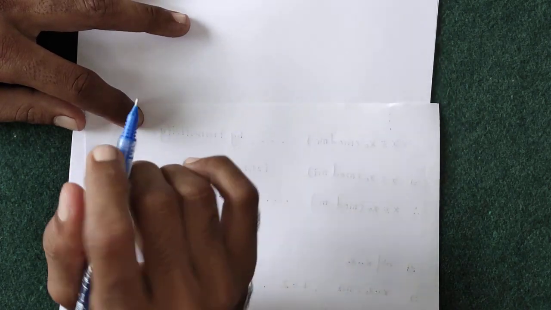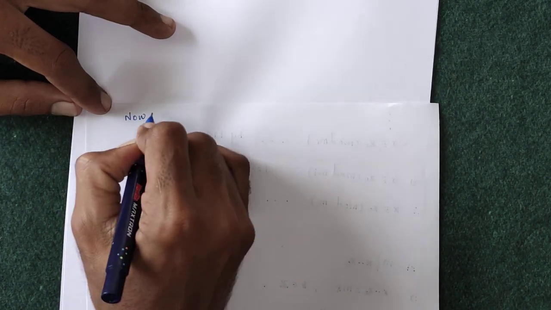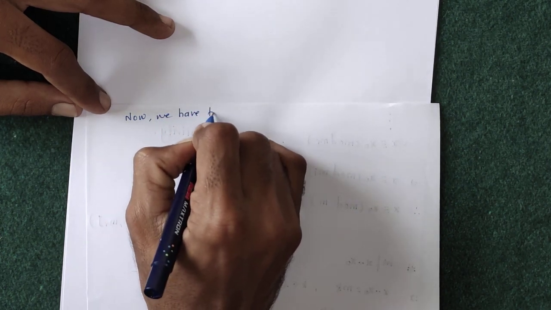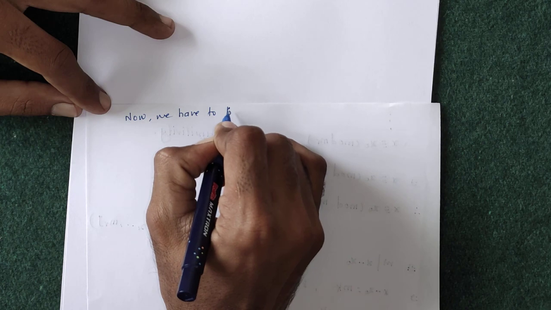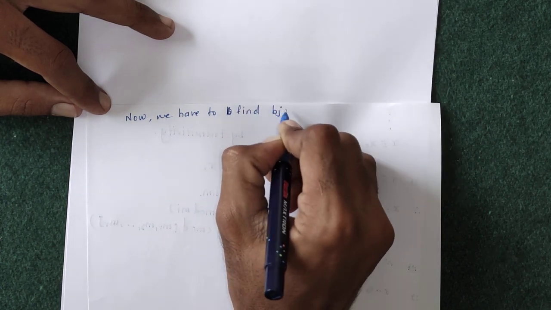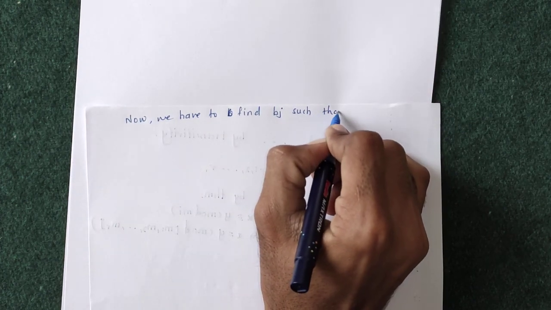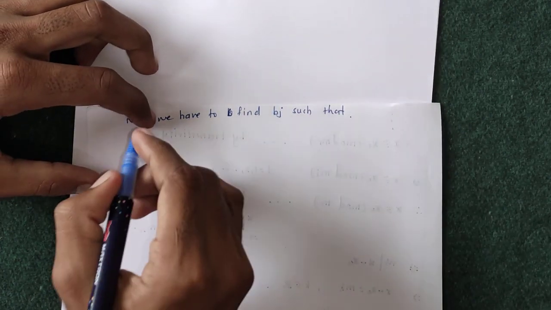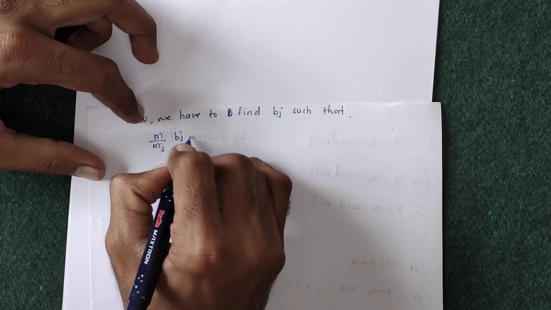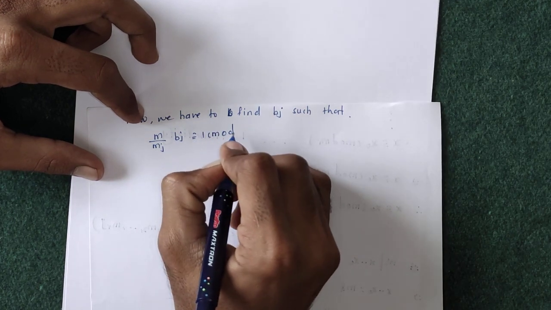Now we are going to find bj. We have to find bj such that m by mj into bj is congruent to 1 modulo mj.